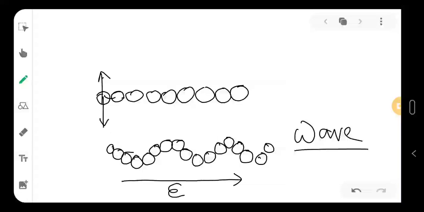So a wave is a collection of oscillations through which energy can be transmitted throughout the medium.